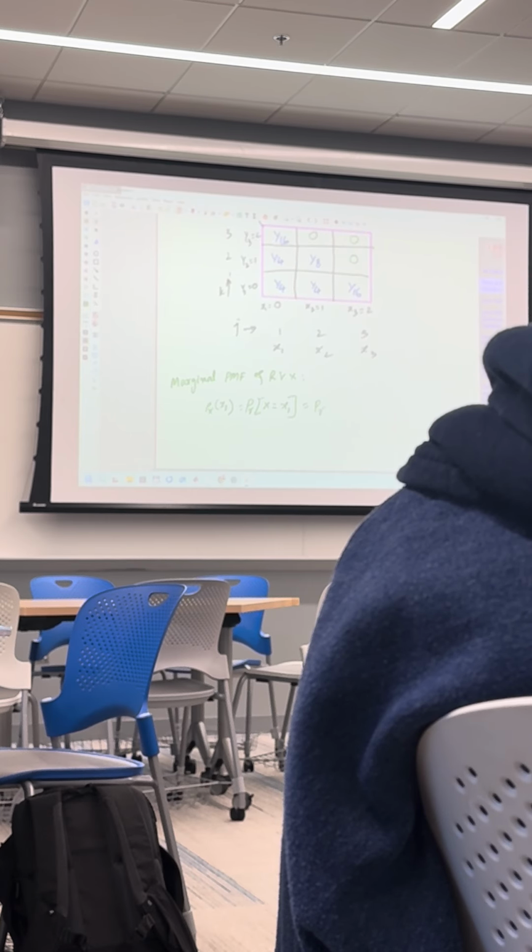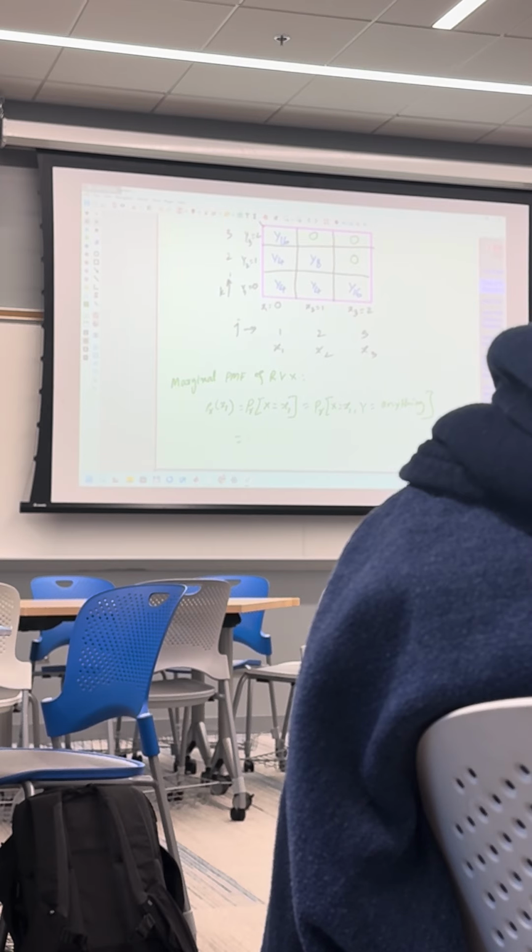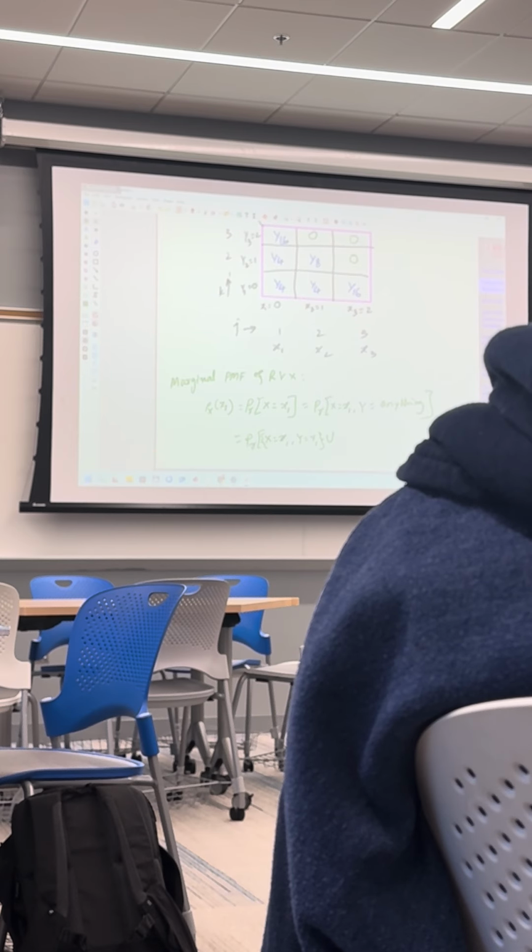So probability that x equals x1, comma, y equals any value, which is basically the probability that you keep x equals x1 fixed, comma, you can have y equals y1, union x equals x1, comma, y equals y2, union x equals x1, comma, y equals y3. That's all you can get.